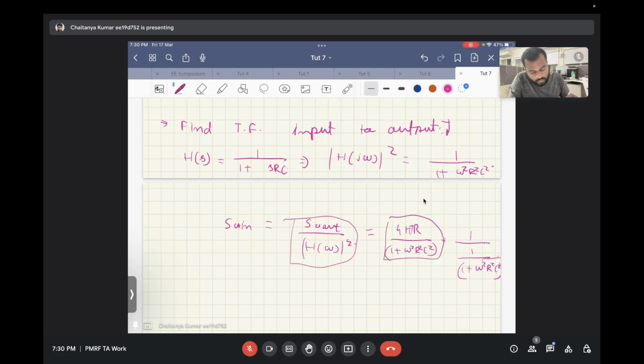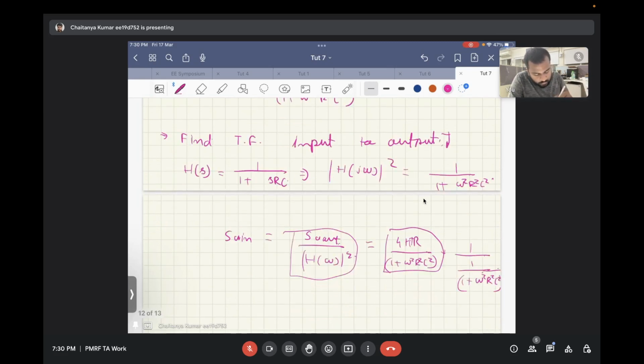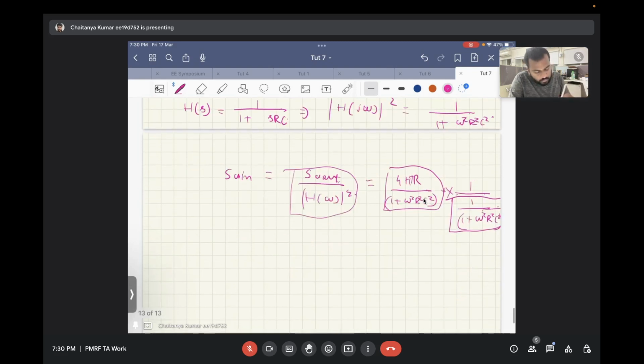So SV out we saw is 4 kTr upon 1 plus omega square r square c square. And this one, how did that 1 by 1 plus omega square come? So this is 1 upon H omega square, right? So 1 upon the H omega magnitude is a multiplication, no, sir. Oh, okay, I thought it was addition, that's why I'm asking.